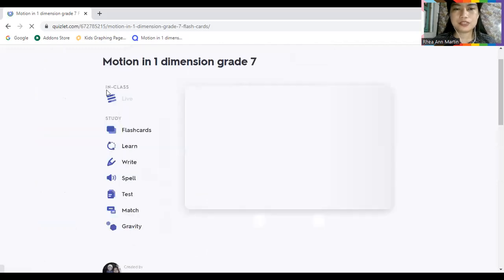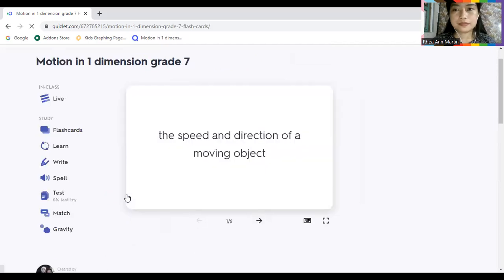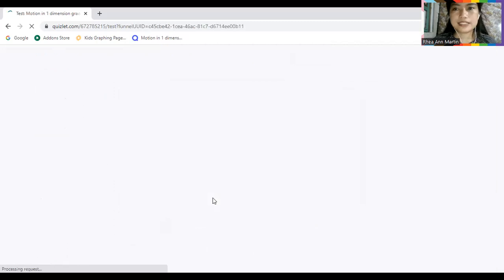Ganito yung lalabas. You just click the test. So, test tayo. Click the test and you will proceed to the test. Maganda tong Quizlet. Pwede kayong mag-review dito. Before the exam, there is a match type. Marami siyang activity actually. So, test motion in 1 dimension for grade 7.